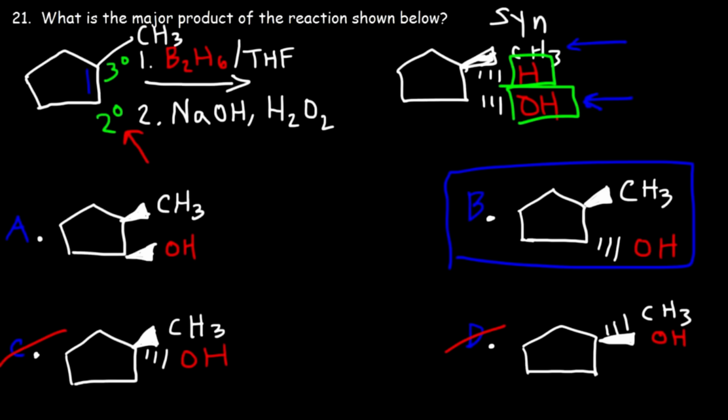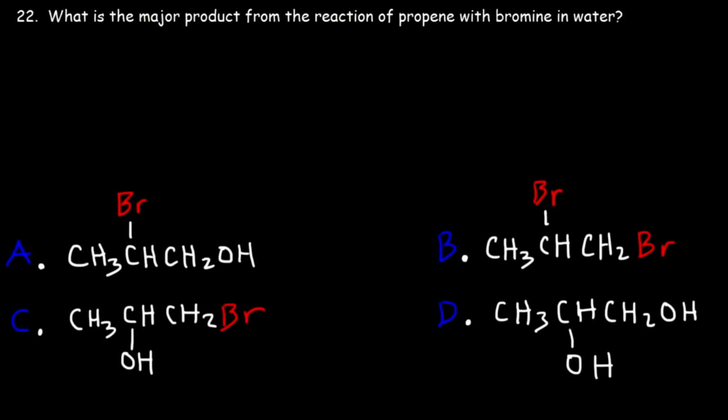It appears to be trans because the hydrogen's not visible here. If you're just looking at the CH3 and the OH, it will be trans, but with respect to the hydrogen and the OH, those two groups should be on the same side. So B is the right answer for this problem.